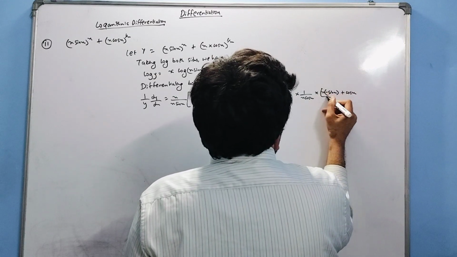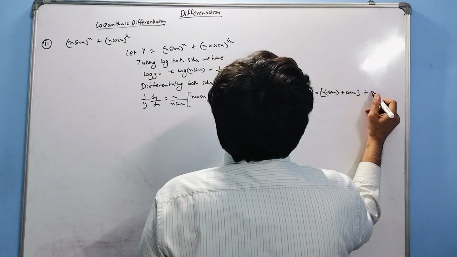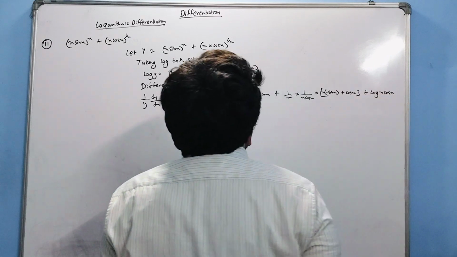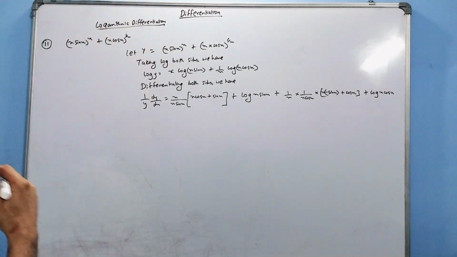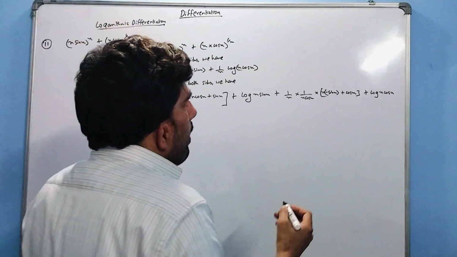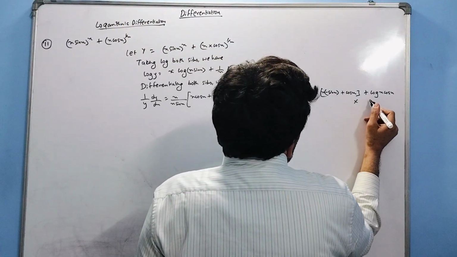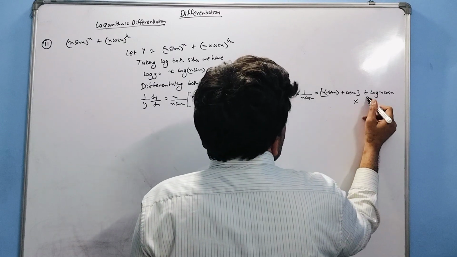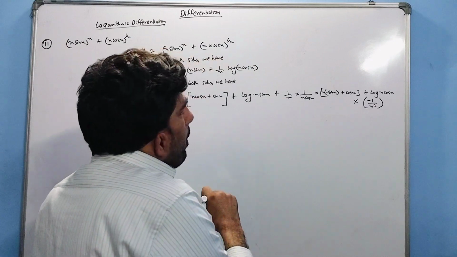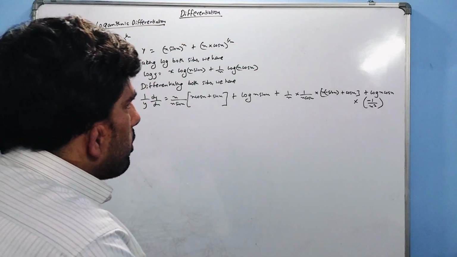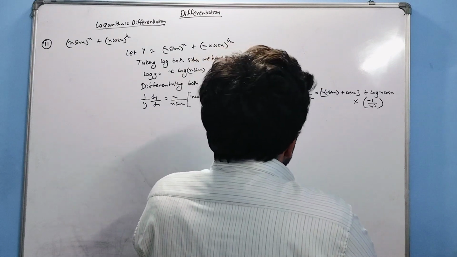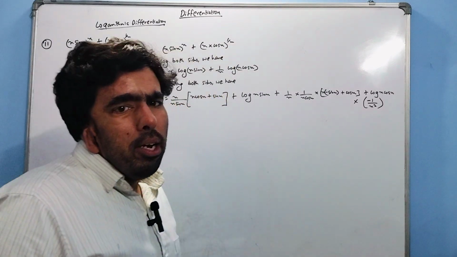We have this, and now plus log of x cos x. Differentiation of 1 upon x will be minus 1 upon x square. Okay, so we have this minus this. So using the uv product rule we have applied here.